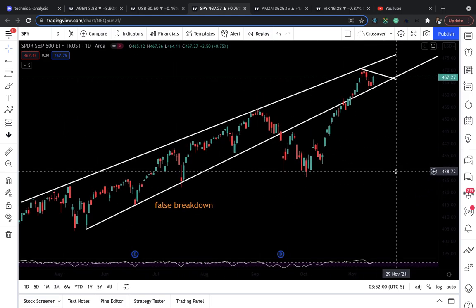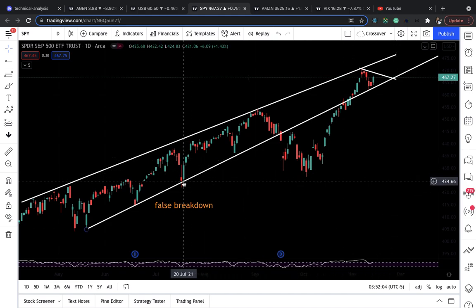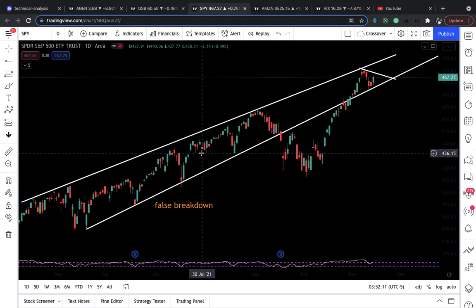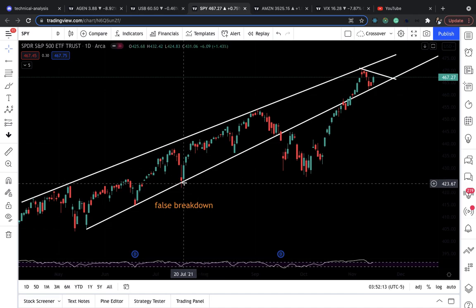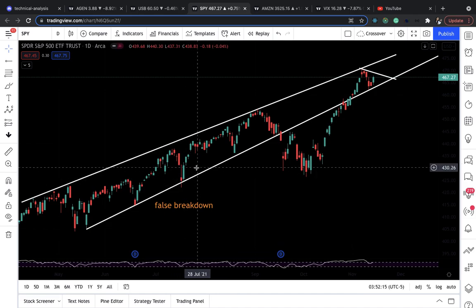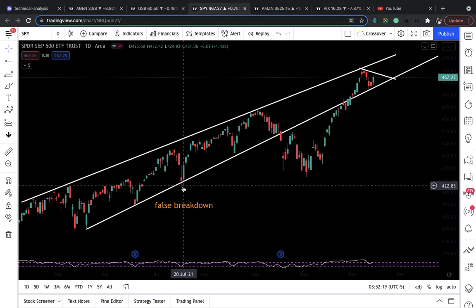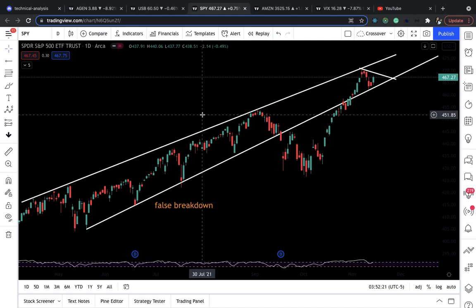So the best way to deal with that when you get these false breakdowns or false breakouts is you buy the recapture. If you see a false breakdown and then the stock or ETF or whatever you're trading recaptures the trend, you bet to the upside. You buy the recapture if it's a false breakdown, or you sell the recapture if it's a false breakout.